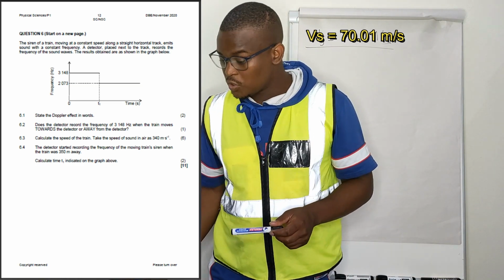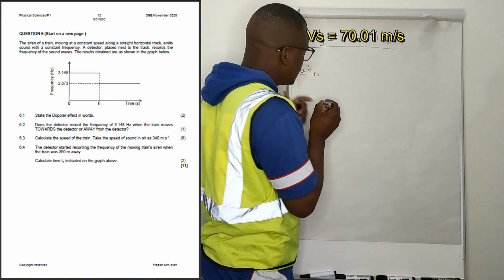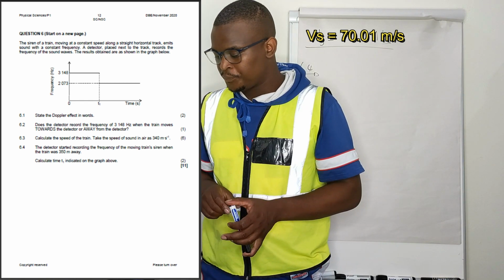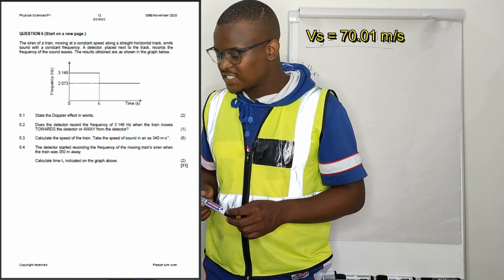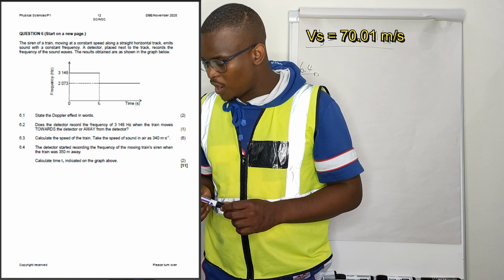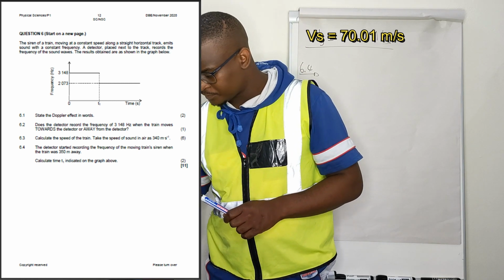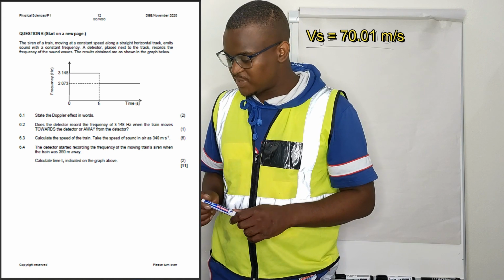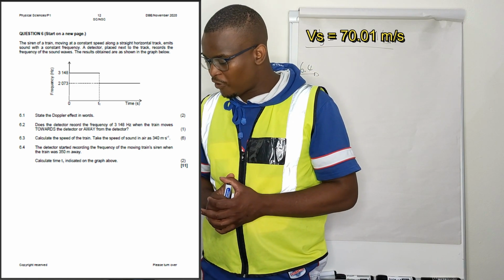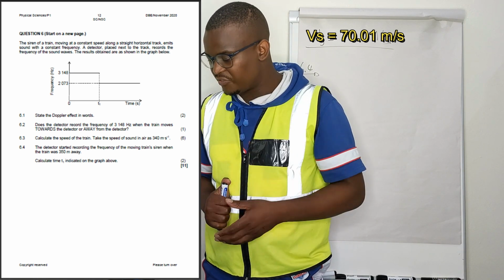So now we go to question 6.4. Let's read question 6.4. It reads as follows: the detector started recording the frequency of a moving train siren when the train was 350 meters away.